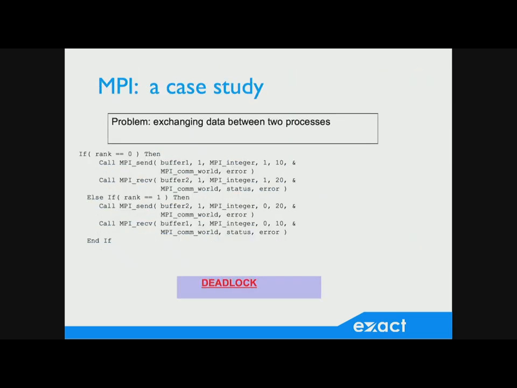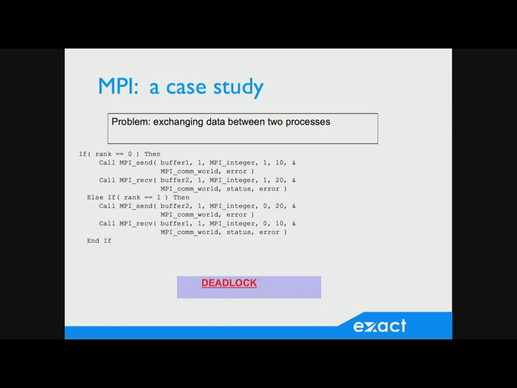Before coffee, let's just study this very simple case, to better understand the blocking send and the blocking receive. Look at this small piece of code. It's written in Fortran, but I think you are able to interpret it easily. If I'm rank 0, I will send data with tag 10, and then I will receive data with tag 20.